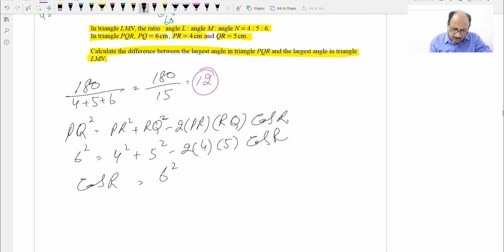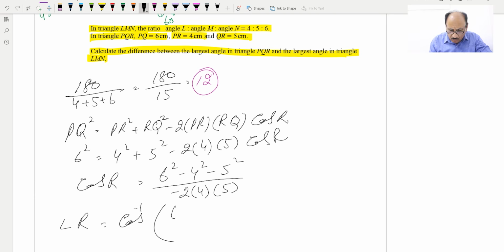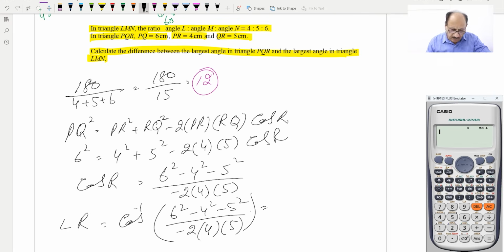So 6 square minus 4 square minus 5 square divided by minus 2 into 4 into 5, and then we can find R. Angle R will be equal to cos inverse of this whole thing, 6 square minus 4 square minus 5 square divided by minus 2 into 4 into 5, bracket closed.